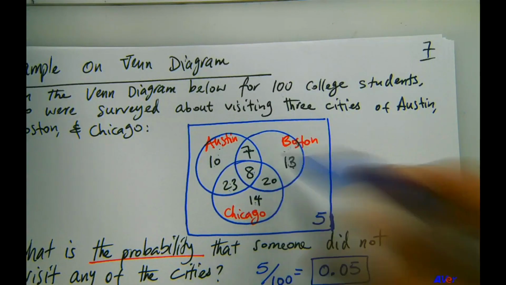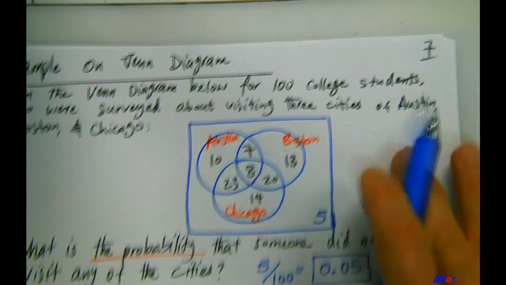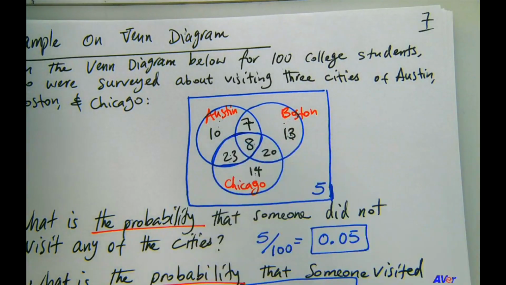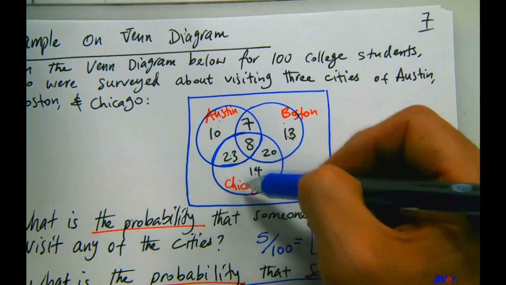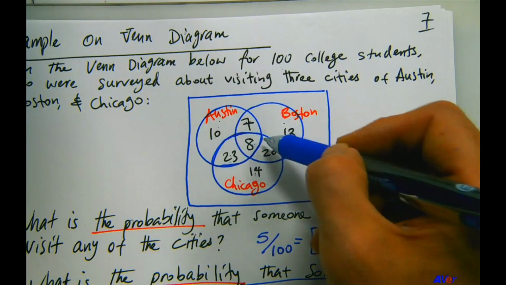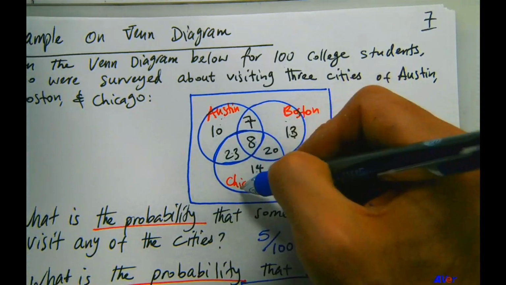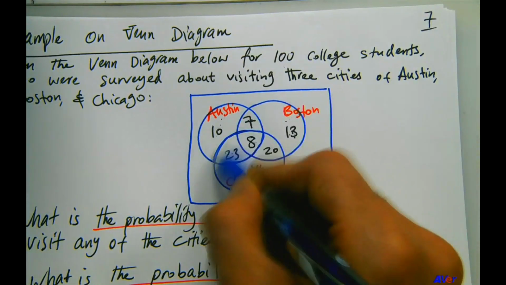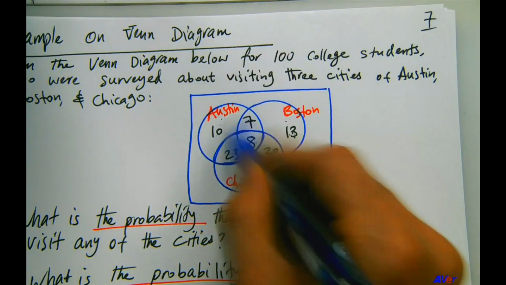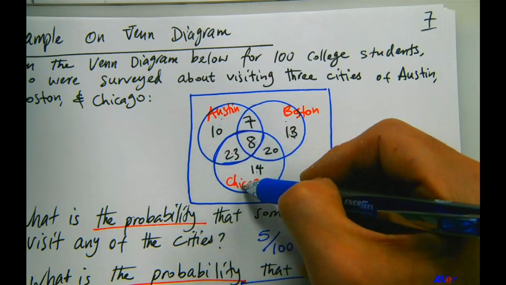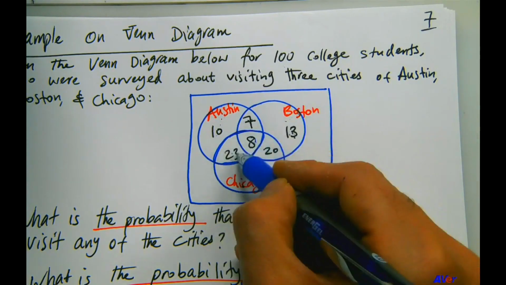Chicago and Austin, that would be all these people in this region, including that, because the question doesn't say Chicago and Austin but not Boston. So we include them. 8 are people who visited all 3 cities, 23 are people who visited just Austin and Chicago. Together it will be 31.